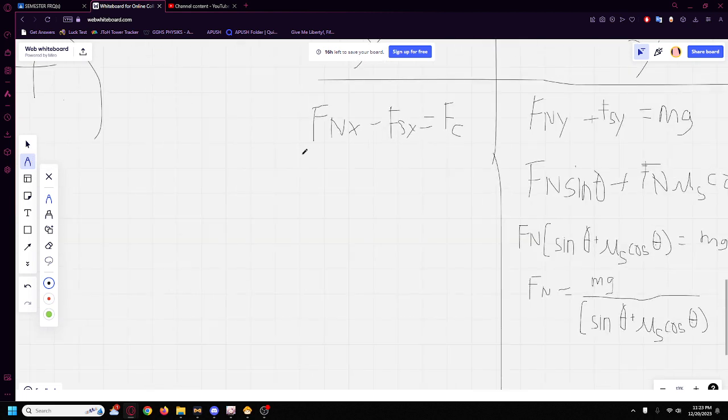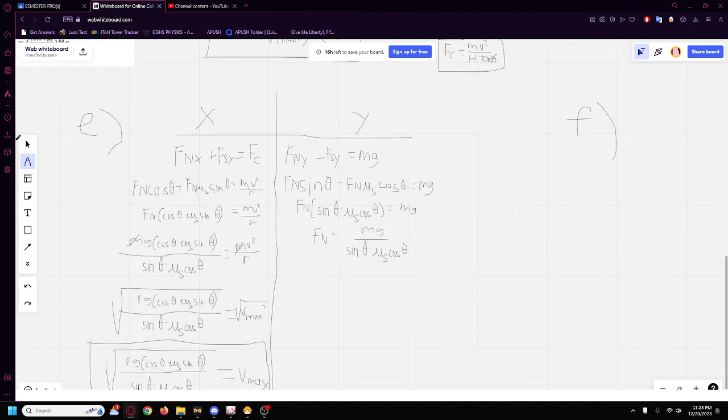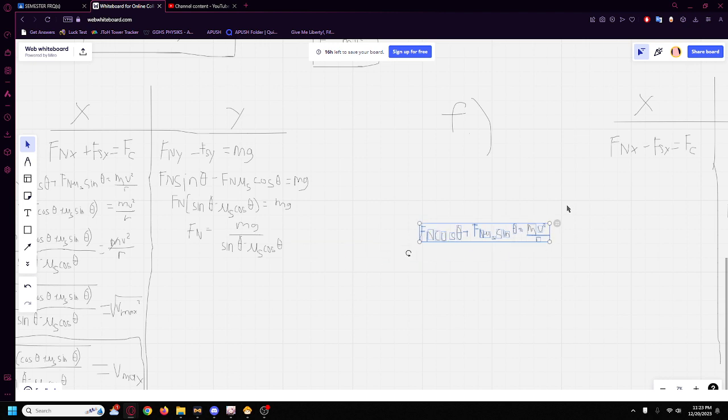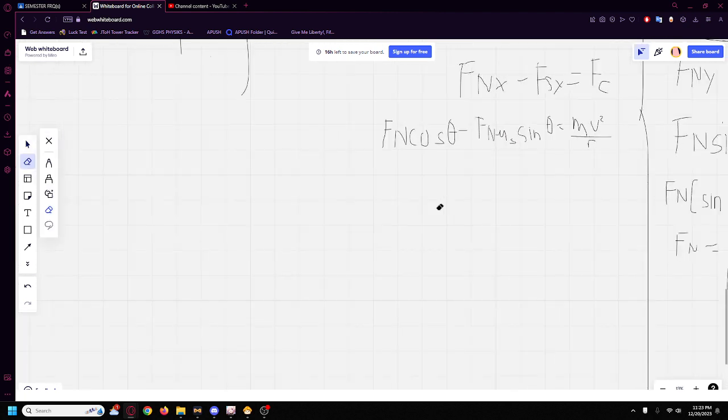And FNx is, I'll just copy and paste it, because FN cosine theta plus mv squared over r, but it's minus this time.